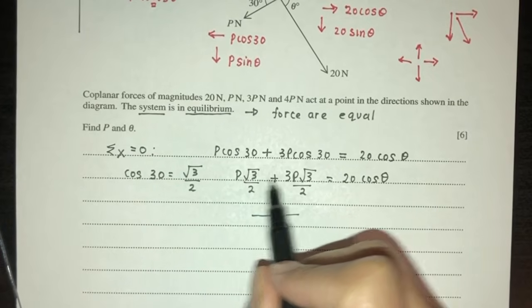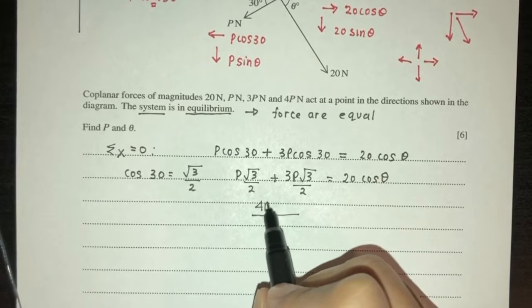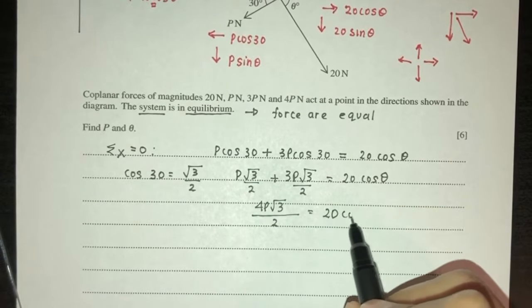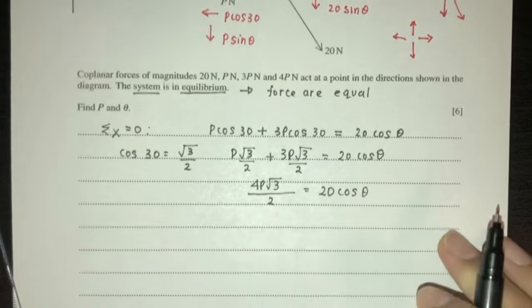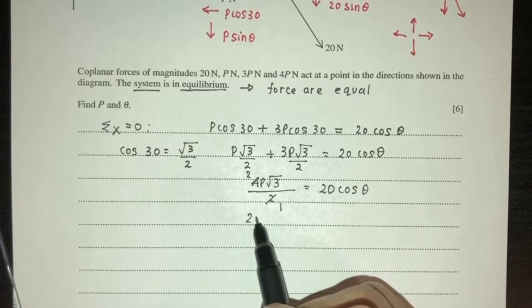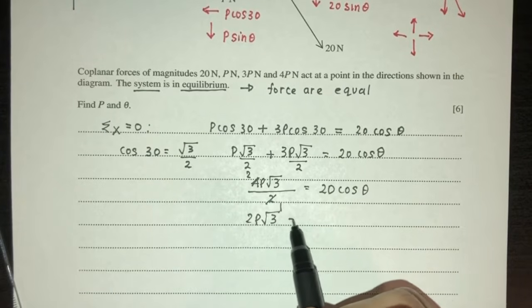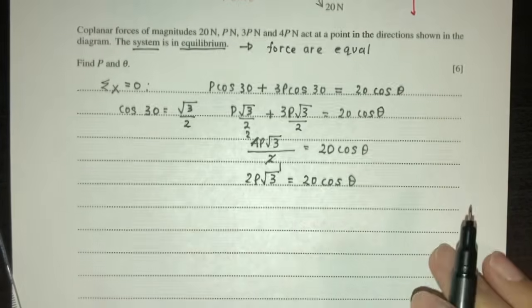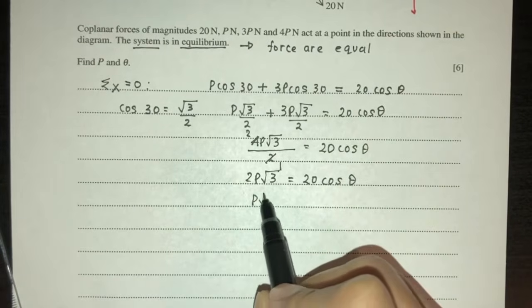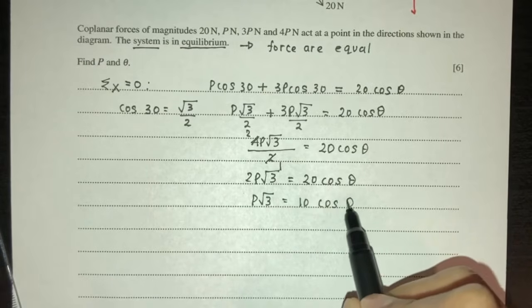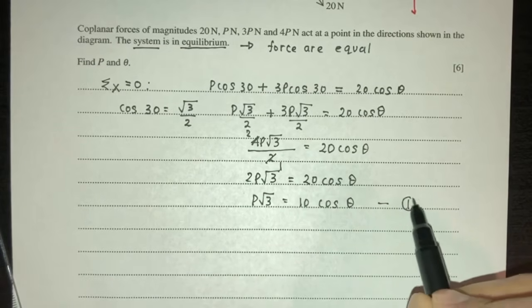So p root 3 plus 3p root 3, that will be 4p root 3, is equal to 20 cos of theta. Now this one can simplify to 2. You will have 2p root 3 is equal to 20 cos of theta. So simplify. P root 3 will be 10 cos of theta. That will be your equation number 1.